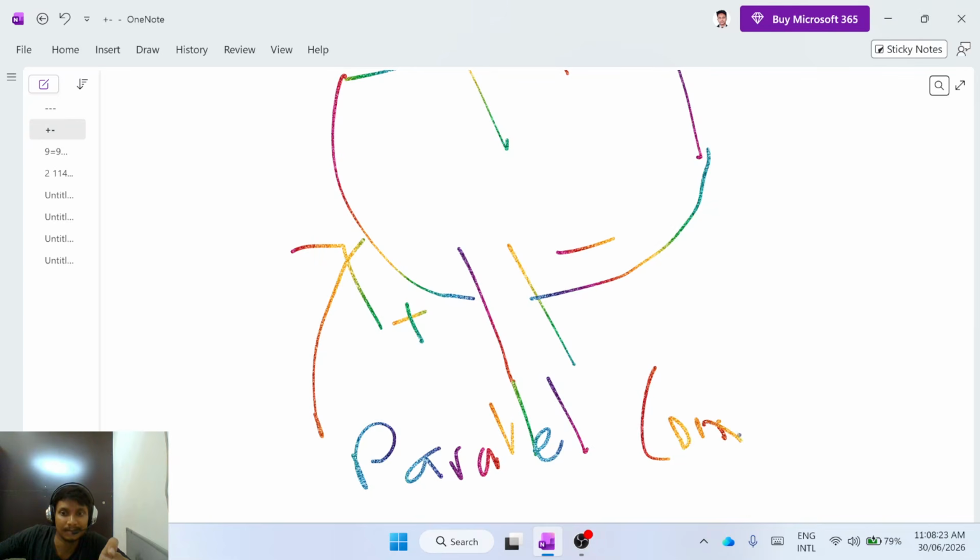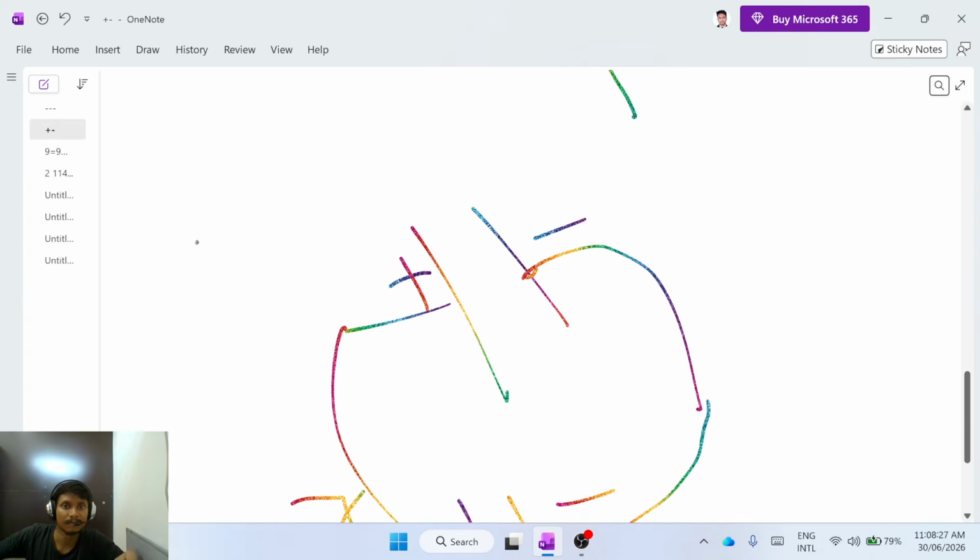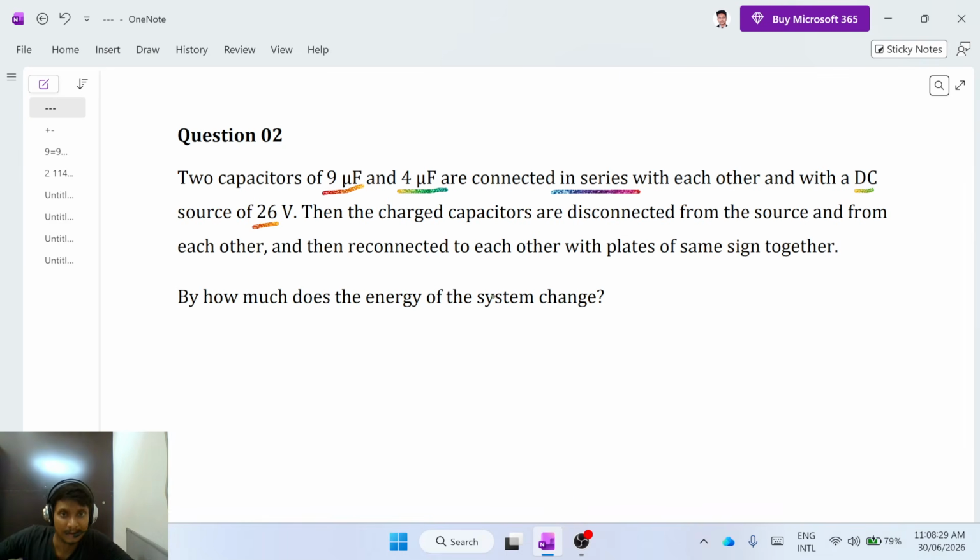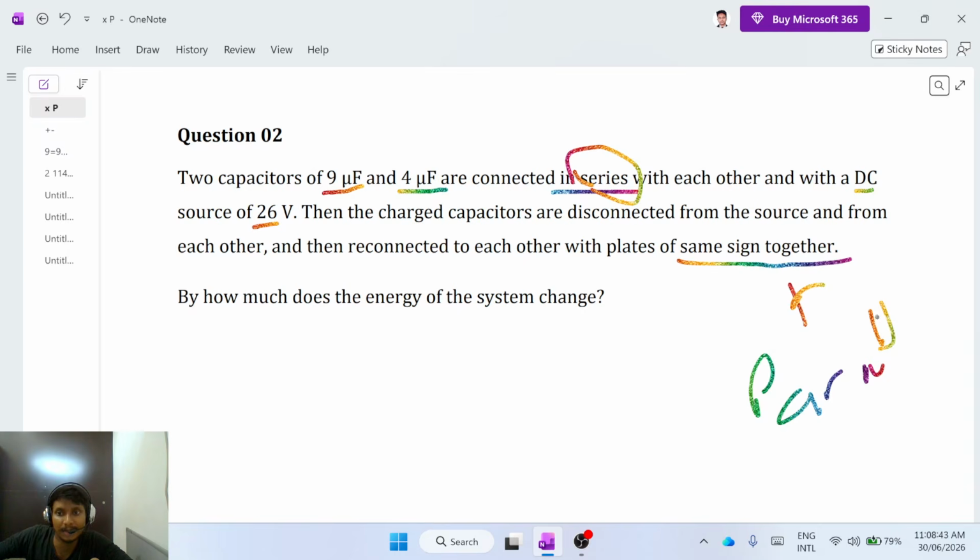They are connected to each other with plates of the same sign together, therefore parallel connection. Already we did series connection, now parallel.